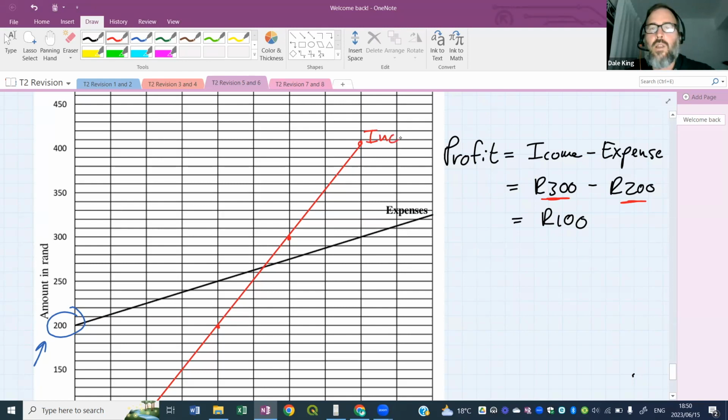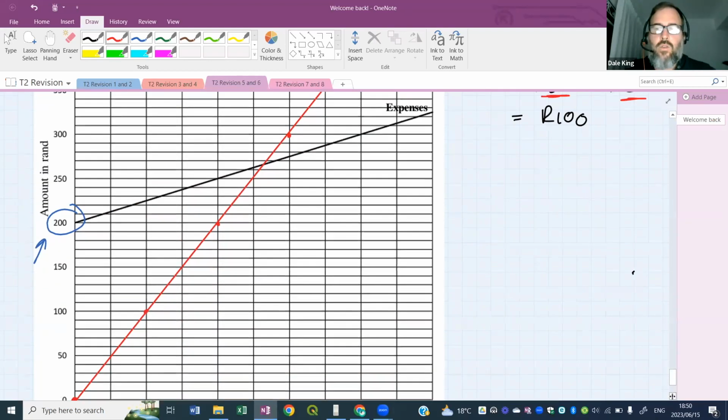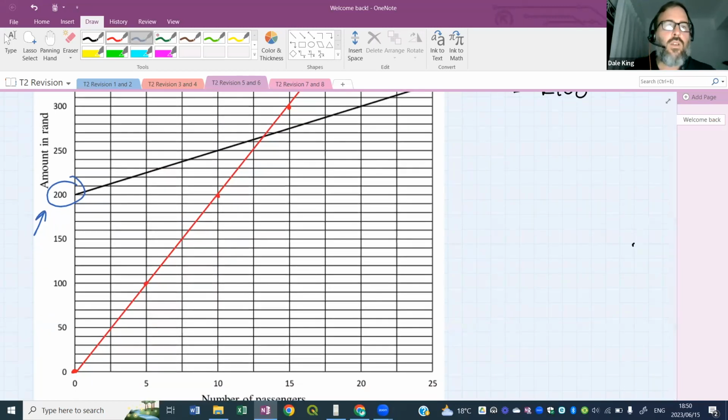Well, this was our income line. And that's our expense line over there. So who would like to help me explain? For 12 passengers, is this guy making profit? I'm going to draw a line and then some brave soul is going to help me. That's 10. Oh, where's 12? That's 12 and a half. So 12 is about here.